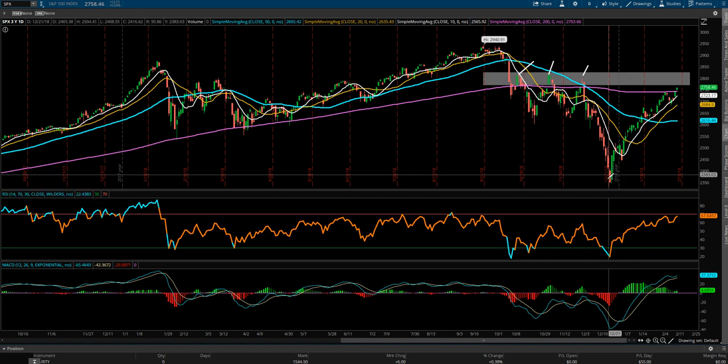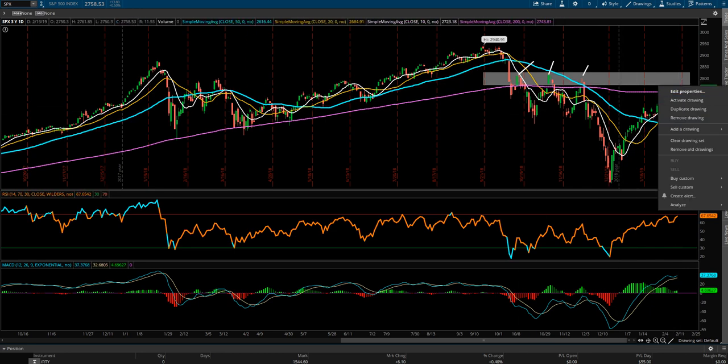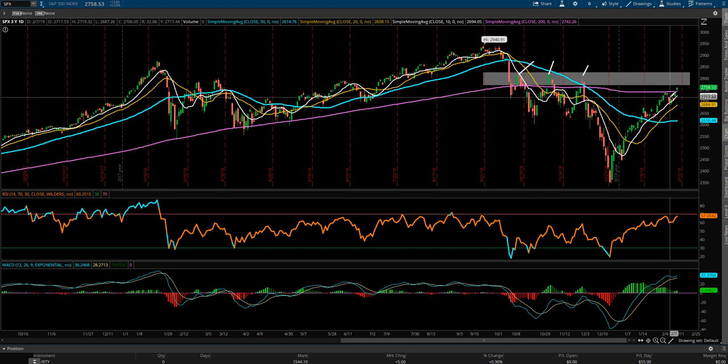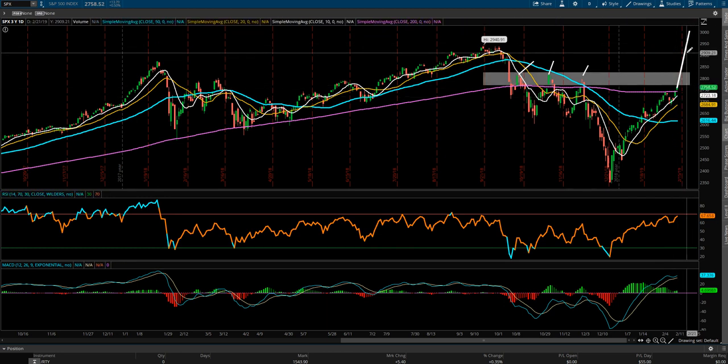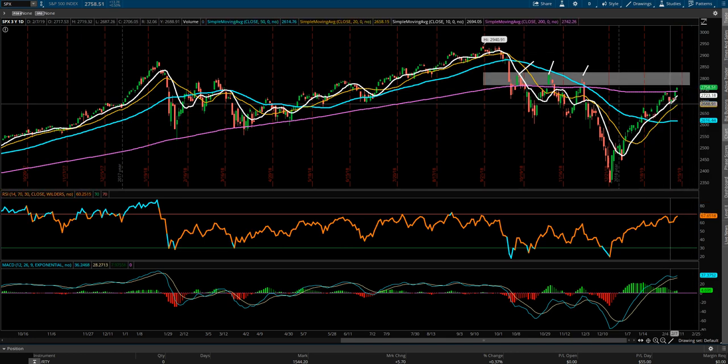Now we have had a pretty much straight up rally right into that zone we're approaching right now of resistance, right? It would be very bizarre for us to just keep moving absolutely straight up and never have any sort of a pullback. All right.